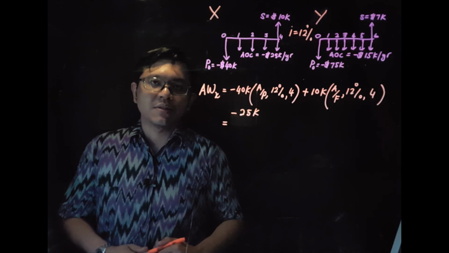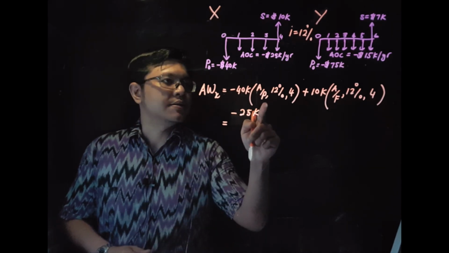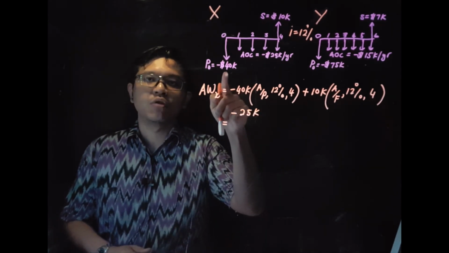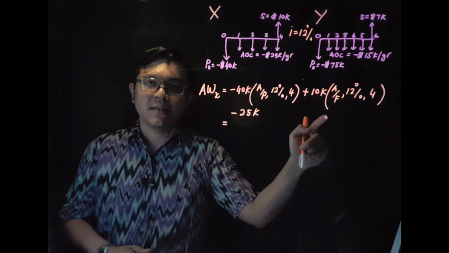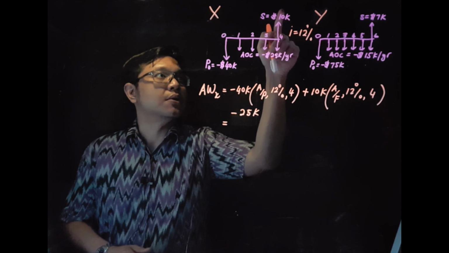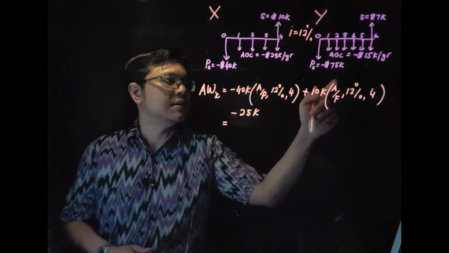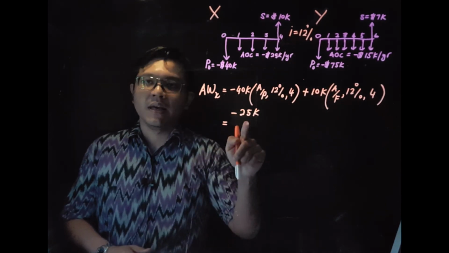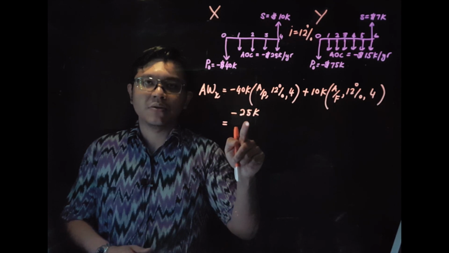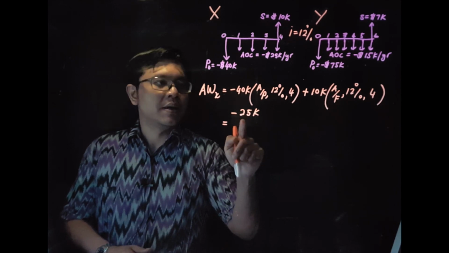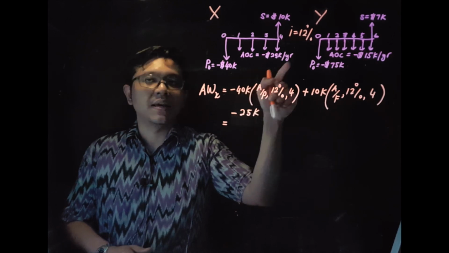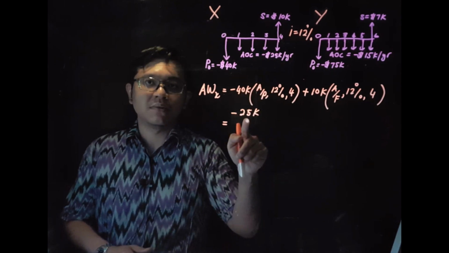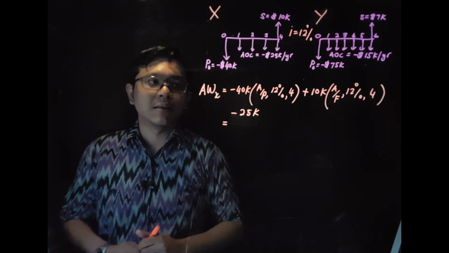Let me explain what's happening here. In the first term, the first cost of equipment X is converted into annual worth value. In the second term, the salvage value of equipment X is converted into annual worth value. And the third term is the annual operating cost of equipment X. Since the annual operating cost is already an annual worth value, you don't need to do any conversion, you can just plug in the number.